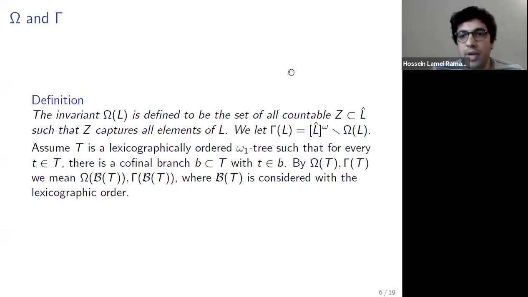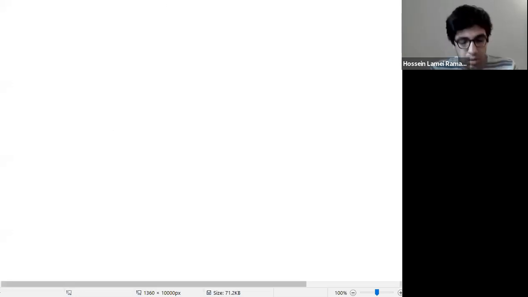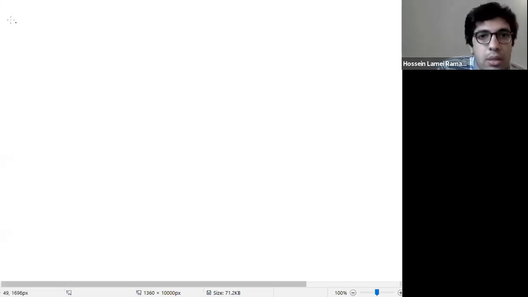I would say the best invariant for understanding how large a linear order or an omega-1 tree is, is gamma of L, because a linear order is sigma scattered if and only if gamma of L is non-stationary. Probably it's worth writing these facts because I have not included them in the slides. Assume L is a linear order.